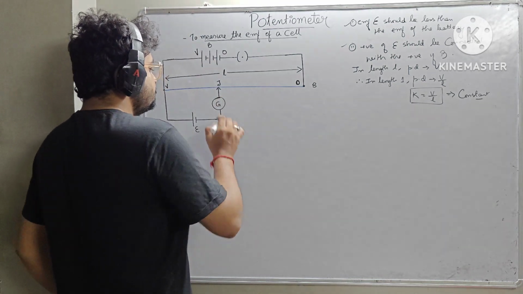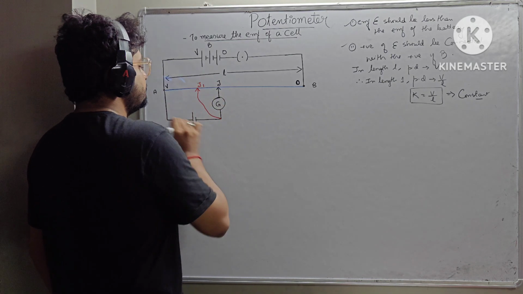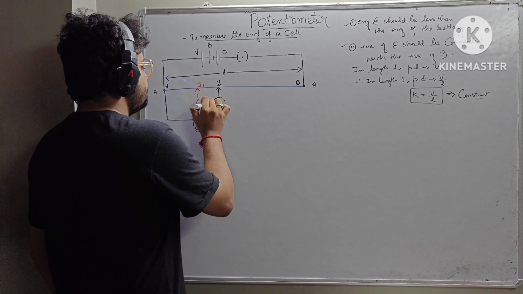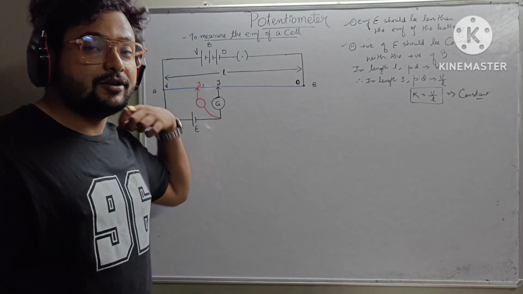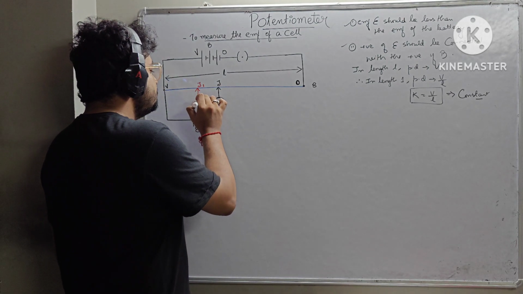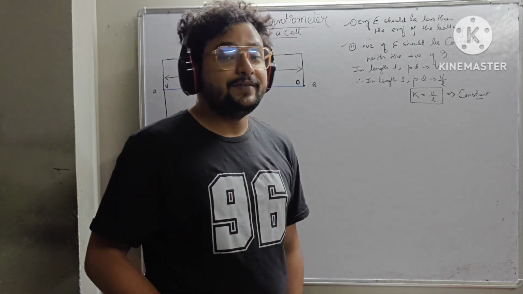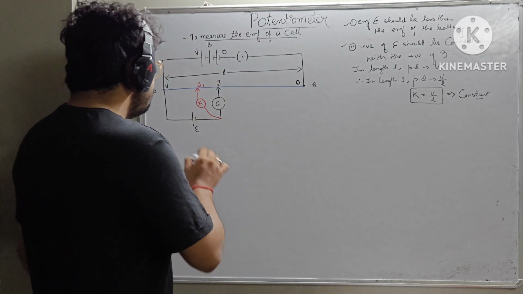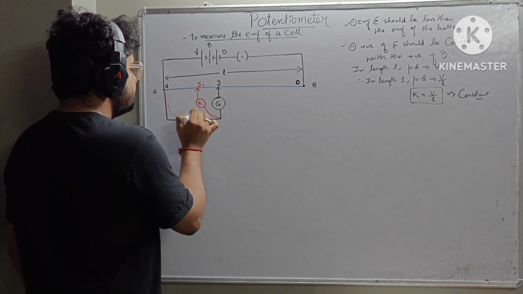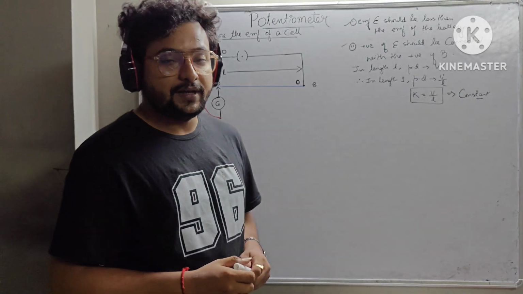Now suppose you touch the jockey over here, J1. Here you have the galvanometer. At this point you are touching the jockey, and you see that the galvanometer is giving you a deflection. It means that current is flowing through this circuit. That is why the galvanometer is giving you a deflection.